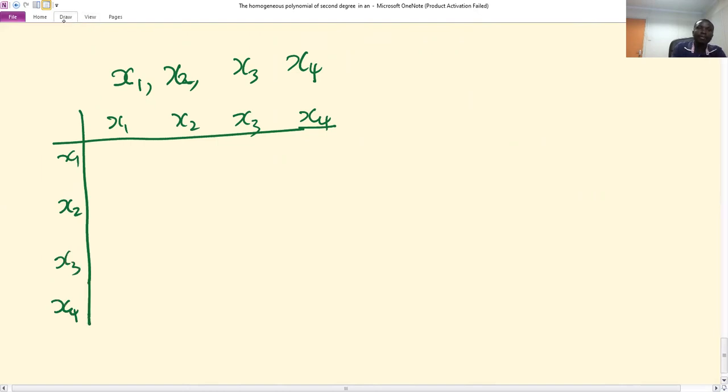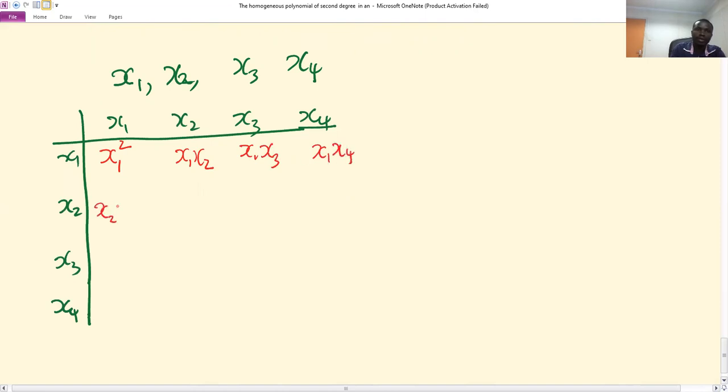And now we fill this table. X1 times x1 is x1 squared. X1 times x2 is x1 x2, x1 x3, x1 x4.